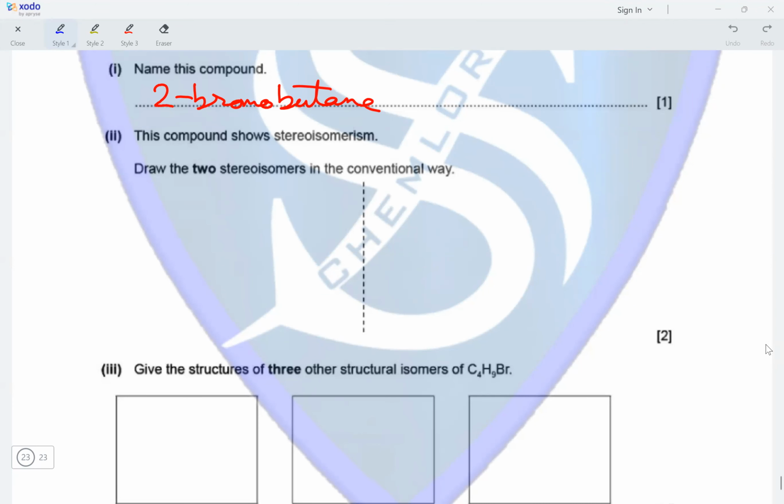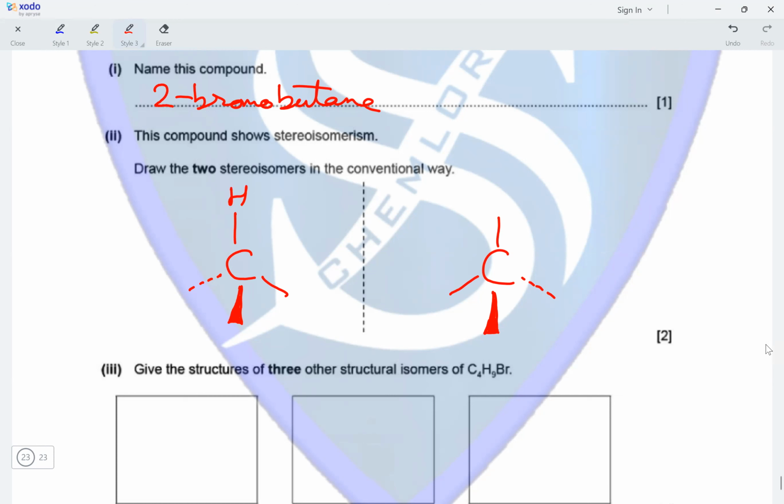This compound shows stereoisomerism. Draw the two stereoisomers in the conventional way. So 2-bromobutane will have a central carbon atom to which we would have a hydrogen and a bromine atom bonded on opposite sides. On the remaining two positions, we would have a CH3 group on one side and a CH2CH3 group on the other, which would result in the formation of two optical isomers.